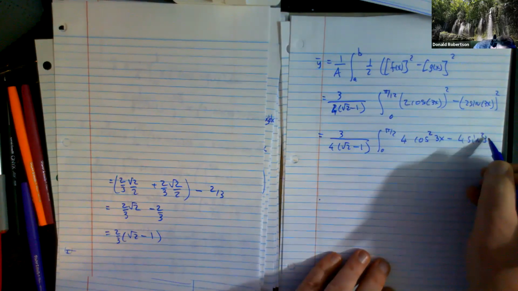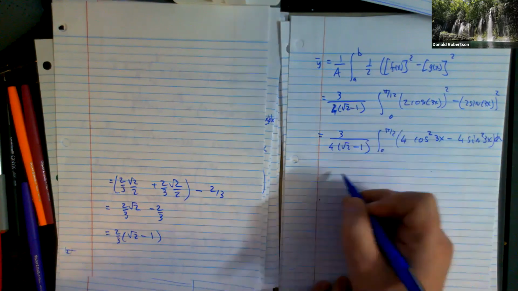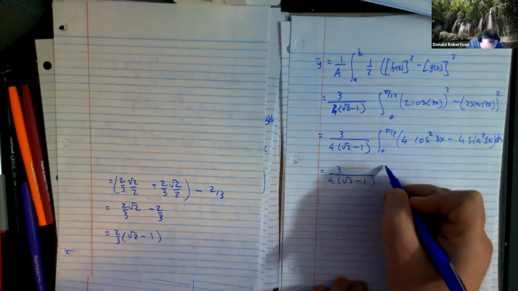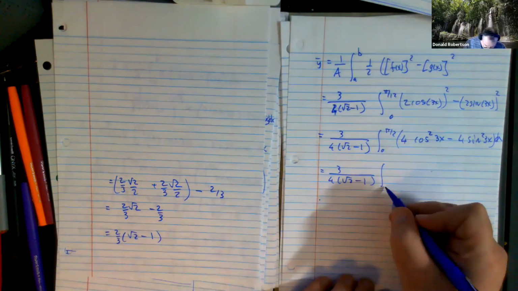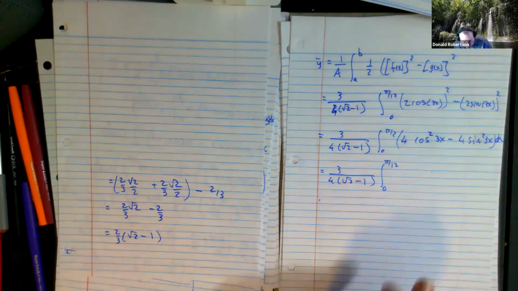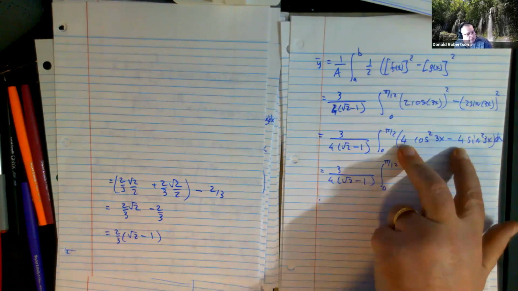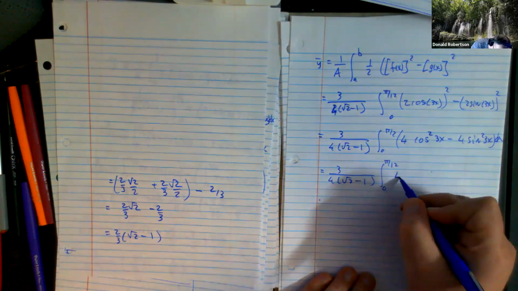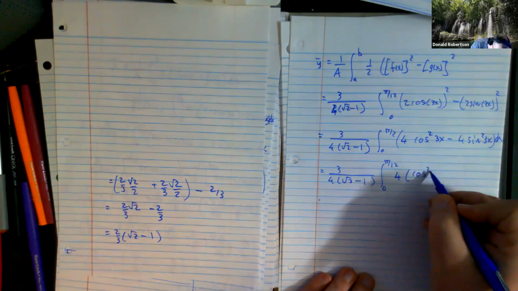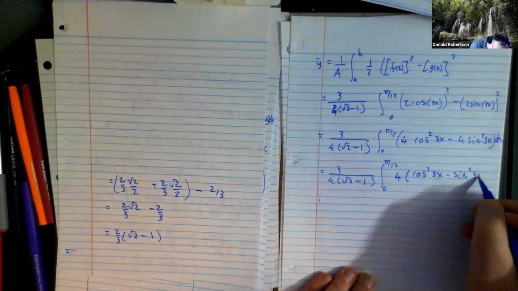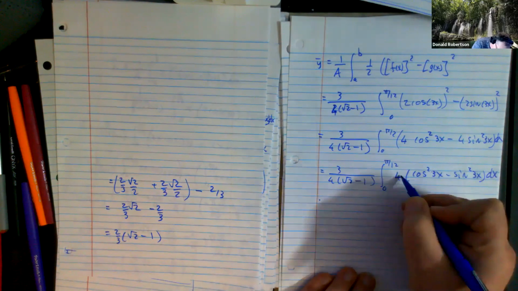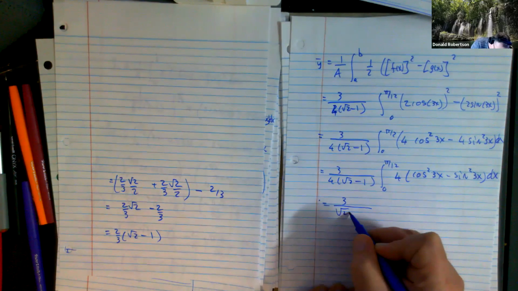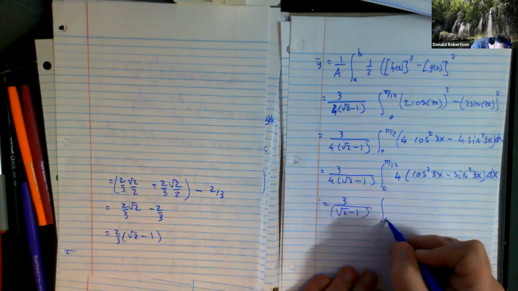Something interesting's happening. Do you notice that you can pull out a common factor of 4 here? Doesn't look particularly helpful, but it is actually. I'm pulling that 4 out and it's going to cancel with this 4 on the bottom. So we now have a slightly nicer looking guy here. And we've got this fella.